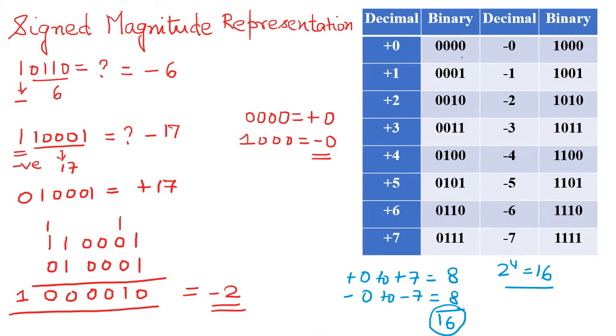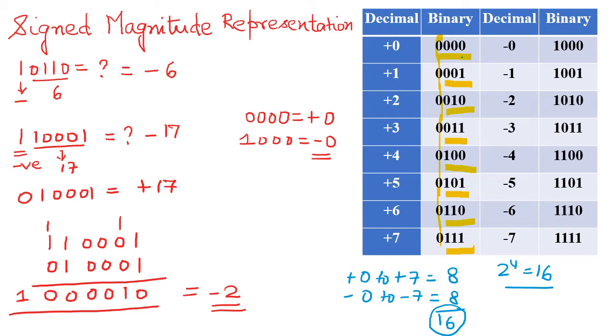Now here you have the table of decimal values from 0 to 7 for a 4-bit number. This table shows the sign value and the decimal equivalent value. 0 means 0. The first bit represents the sign bit for all the numbers, and the remaining 3 bits: 1 means 001, 2 means 010, 3 means 011, 4 means 100, 5 means 101, 6 means 110, and 7 means 111.